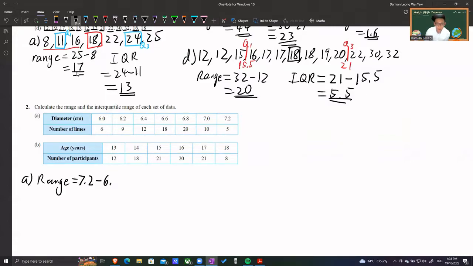That means 7.2 minus 6.0. So it's 1.0. Same goes for B. Highest minus lowest value, 18 minus 13. I get 5. So interquartile range is not so simple. Basically, we have to get the cumulative frequency.